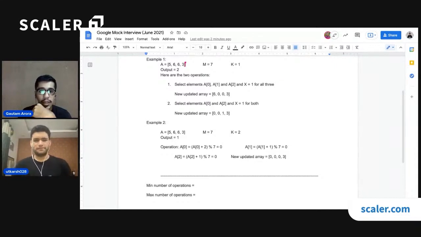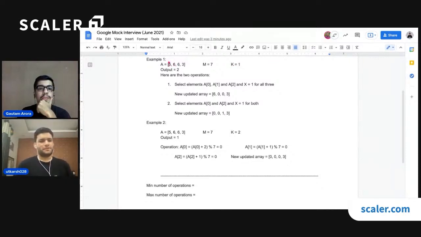The operations required for that will be, let's say, ARR of M minus ARR of I. So 7 minus 5 will give us the number of operations required to make array of I as 0. Am I right? Yes, in case k is equal to 1, then it is correct.